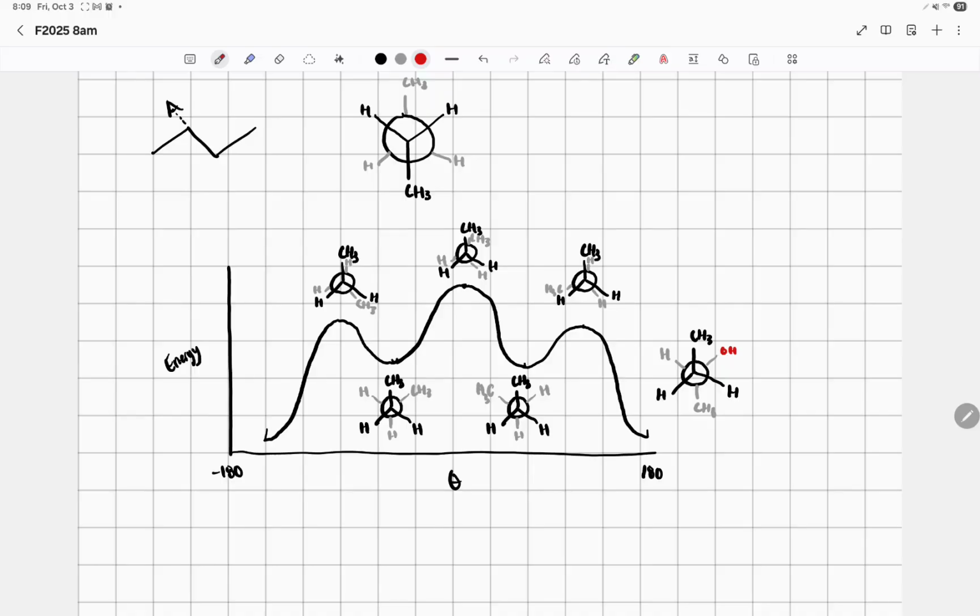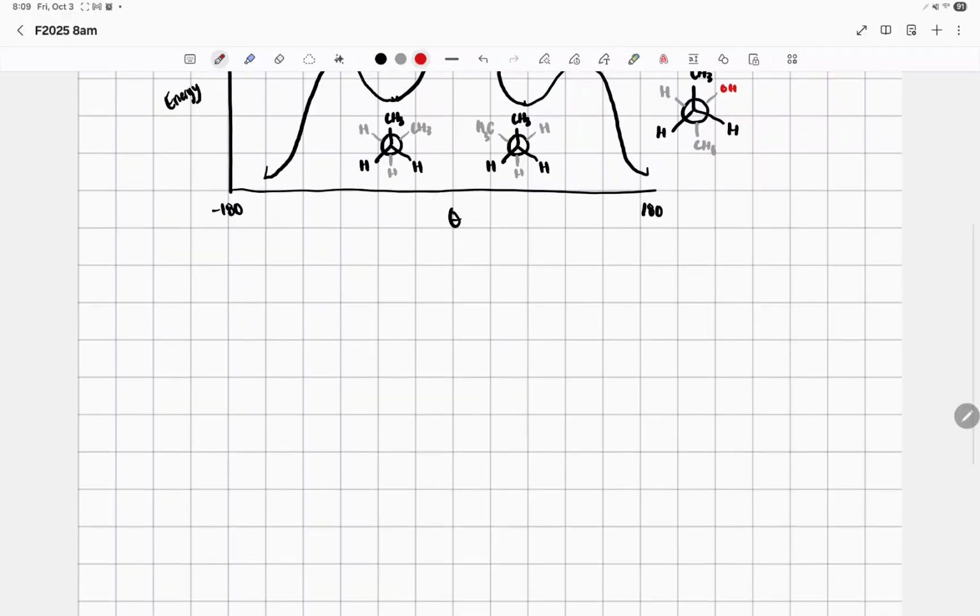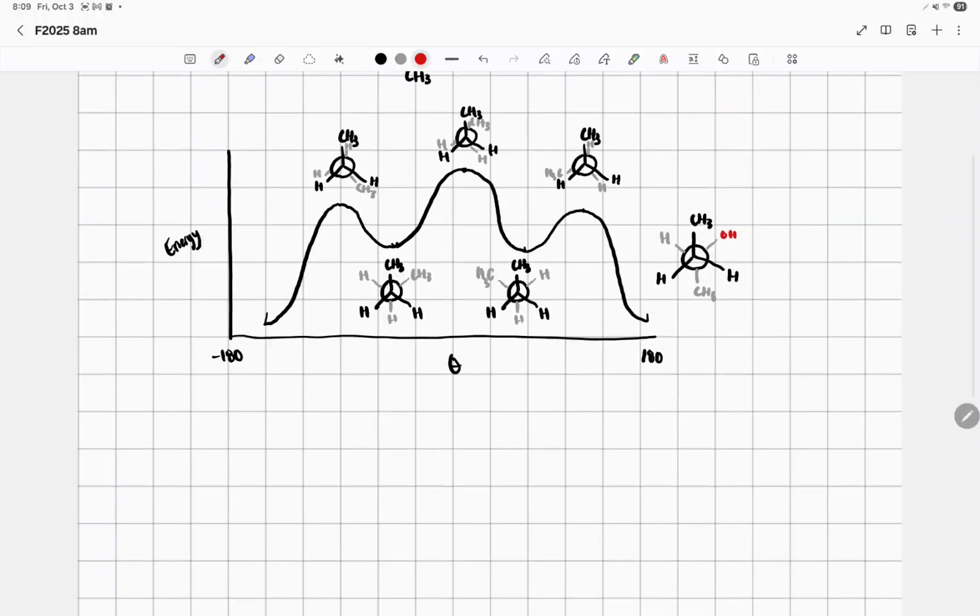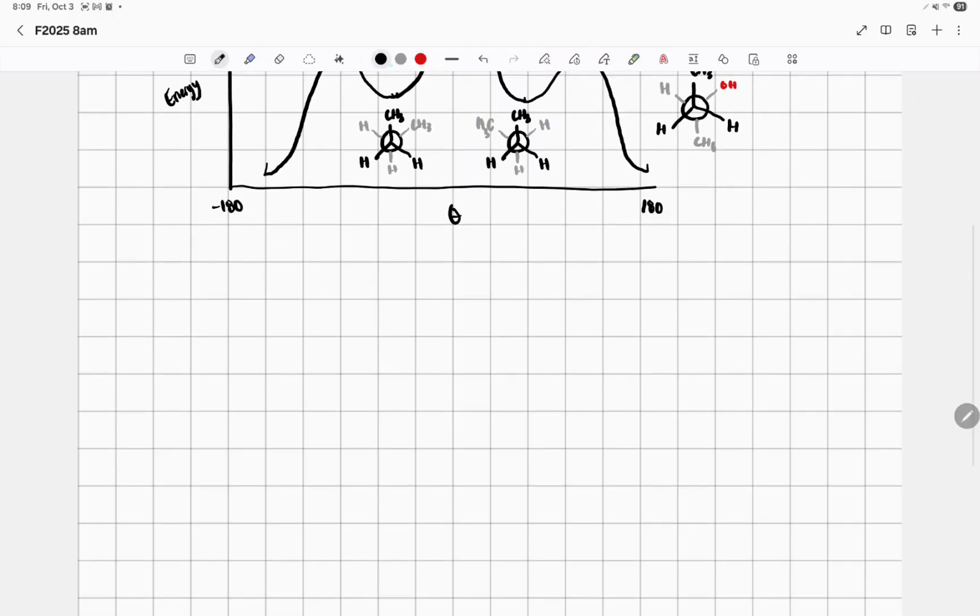So for the most part, again, we want to maximize how far away our groups are from each other, but sometimes that is not possible. There are situations where we can run into a molecule where we cannot rotate things to reach this kind of minimum in energy that we sought, where our groups are as far away from each other as possible. The most notable example where this can occur is if we are in a ring.